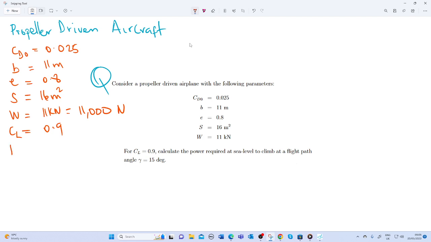We are asked to calculate the power required. Don't forget we're given the flight path angle, gamma, 15 degrees.